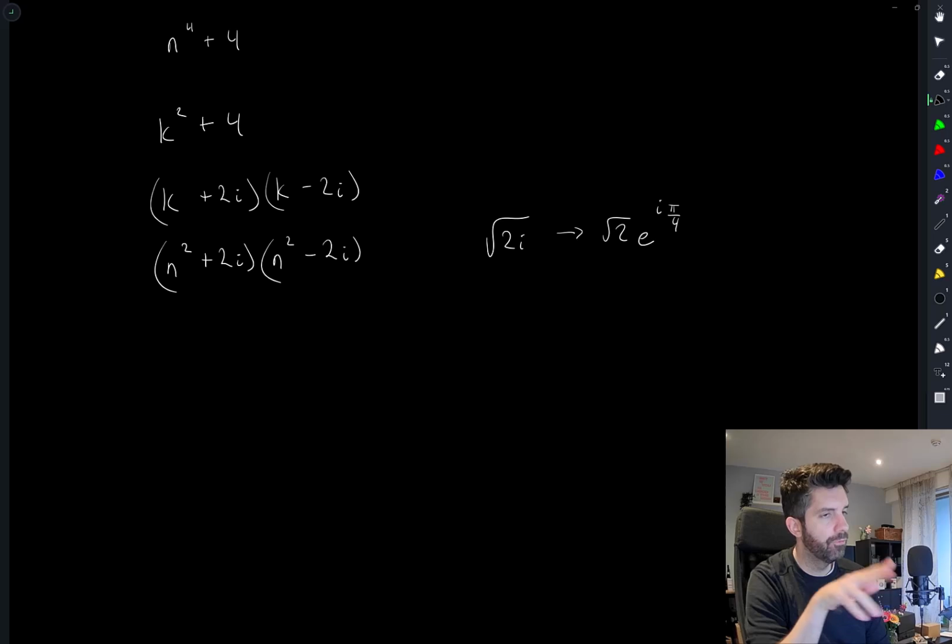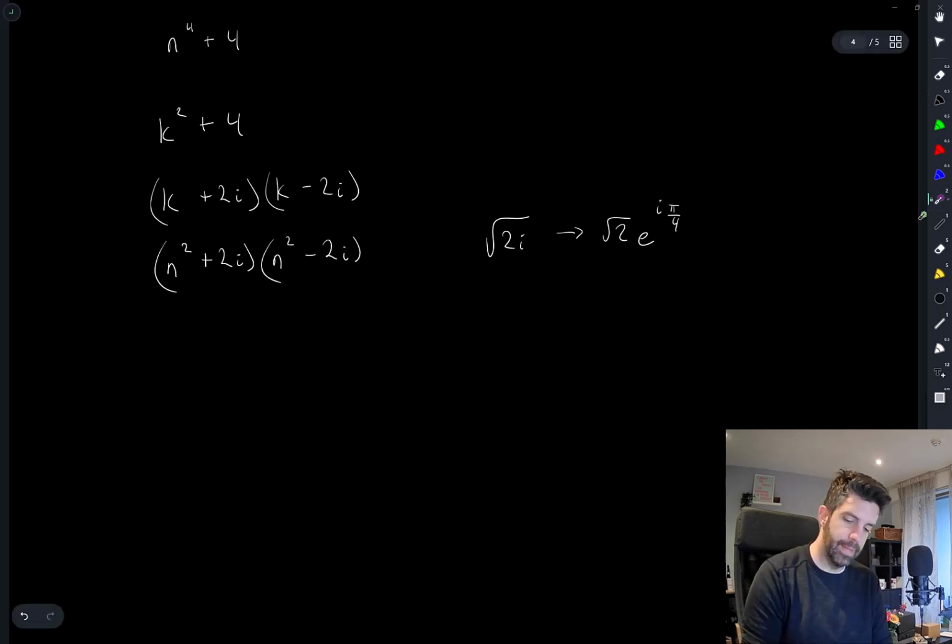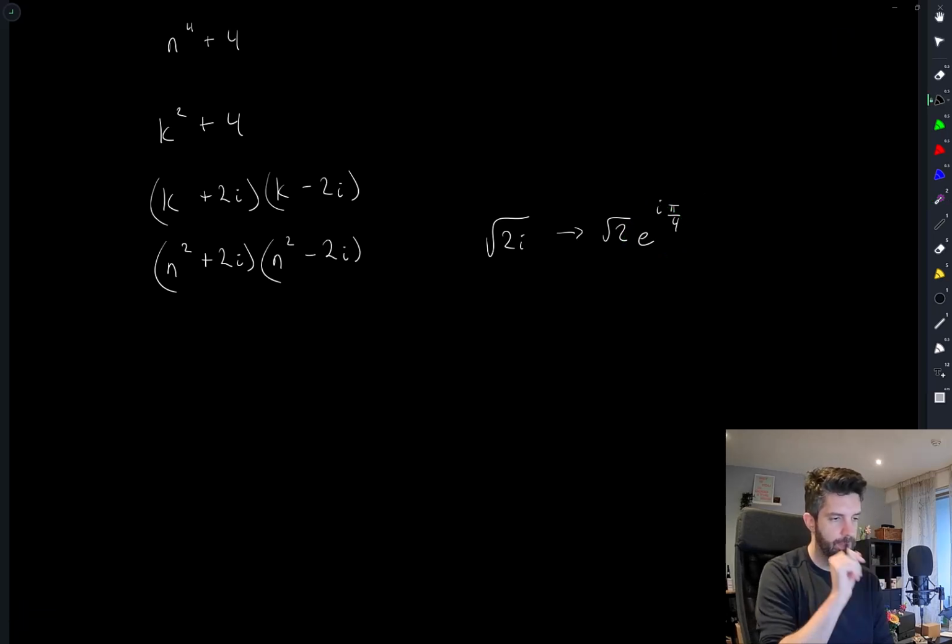If we take the 4 diagonal numbers in the complex plane, the ones that have angles 45 degrees away from the origin and a modulus of root 2, those will all be raised to the 4th power and equal 4. Yep. Let's call them Z1 up to Z4.